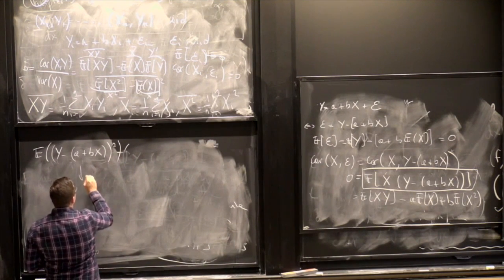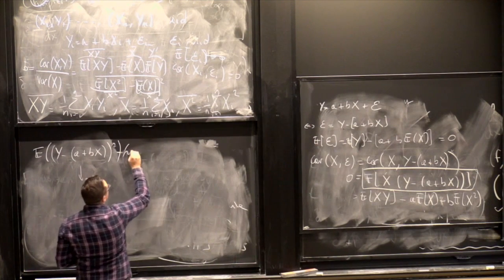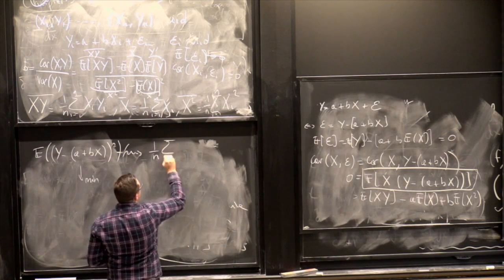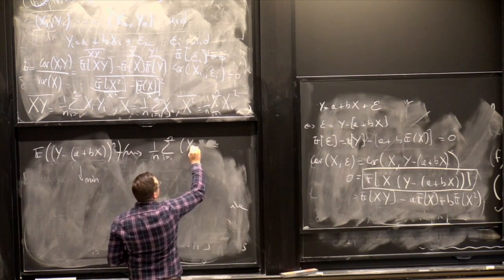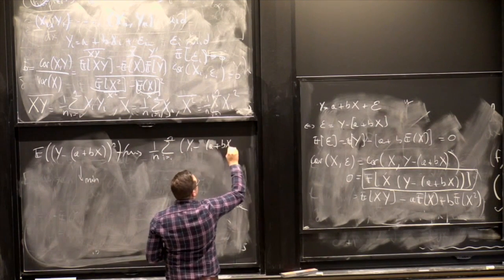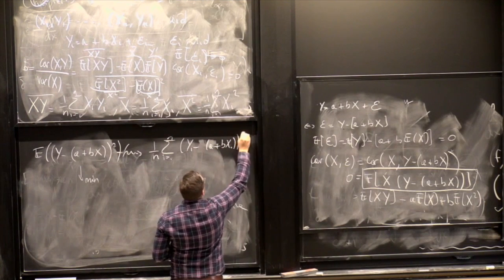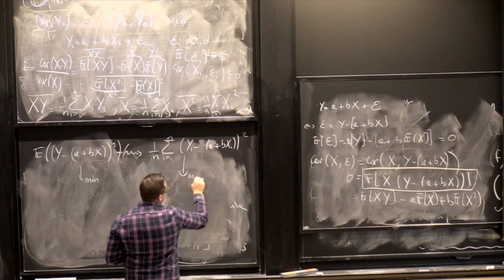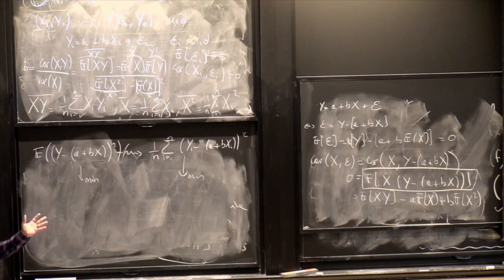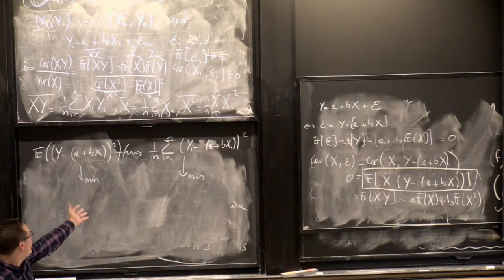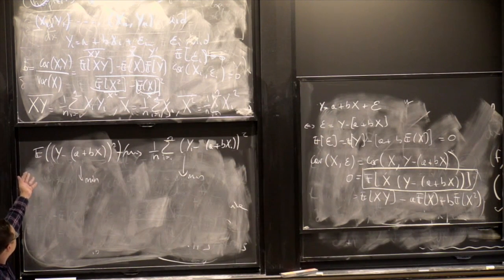Well, let's replace this by an average first, and now minimize. If I do this, it turns out I'm going to actually get the same result. When I replace the expectation by the average and then minimize, it's the same thing as first minimizing and then replacing expectations by averages, in this case.